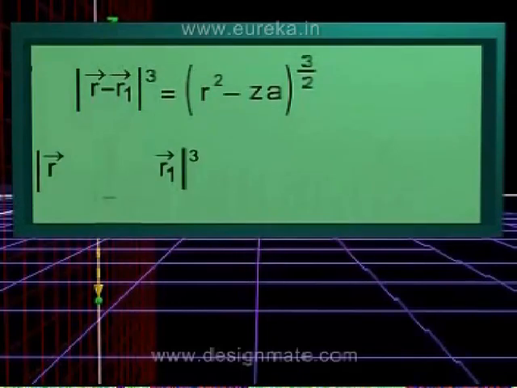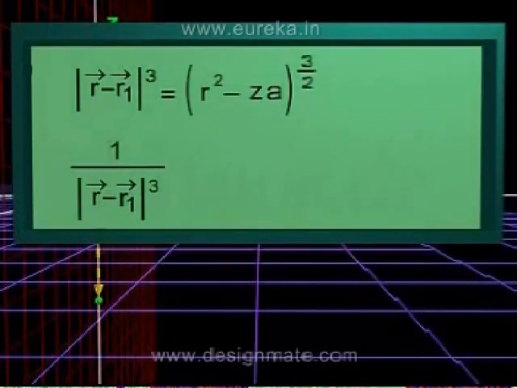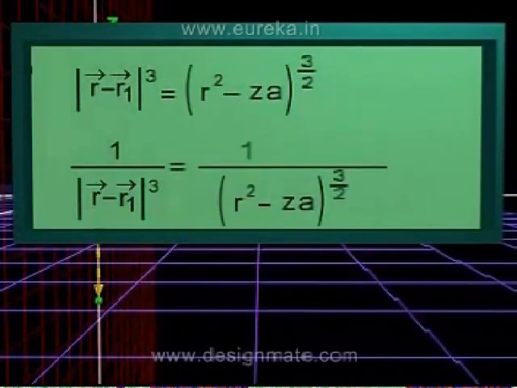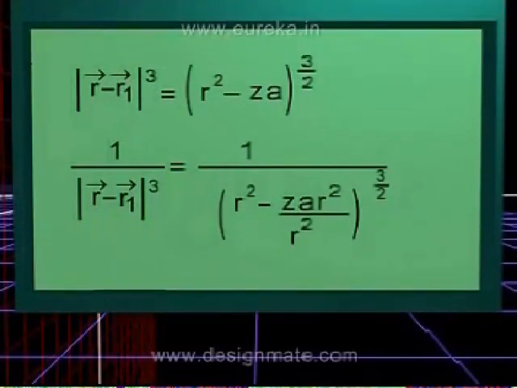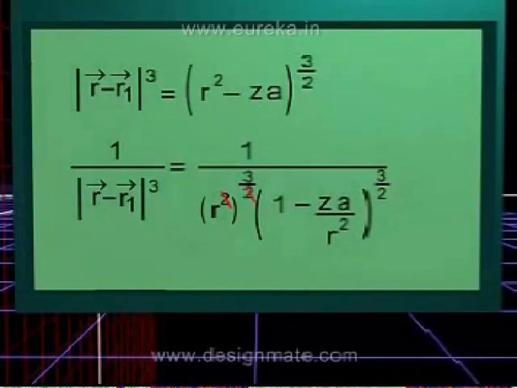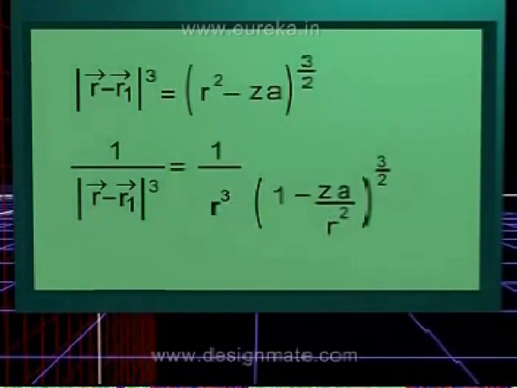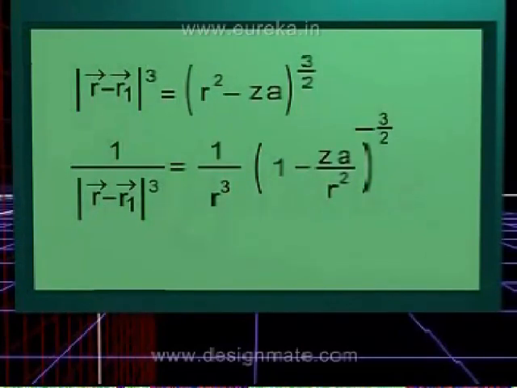Therefore, 1 upon modulus of vector r minus vector r1 cube is equal to 1 upon (r square minus za) raised to 3/2, equal to 1 upon r cube into (1 minus za upon r square) raised to minus 3/2.